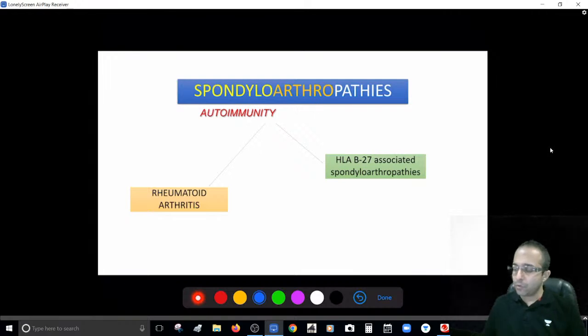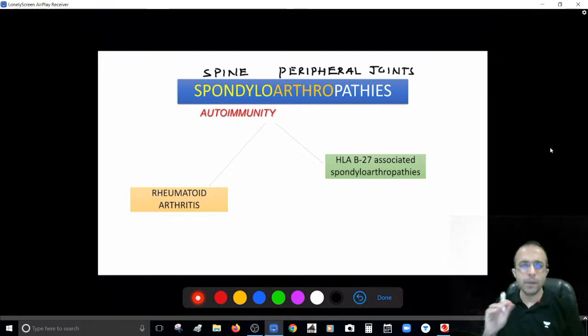Now last time when we talked of spondyloarthropathies, I gave you clear insight as to what I mean to refer to. The word spondylo basically means spine. You're very much familiar with this. The word arthro is referring to the peripheral joints, the appendicular joints: shoulder, hip, knee, hand joints.